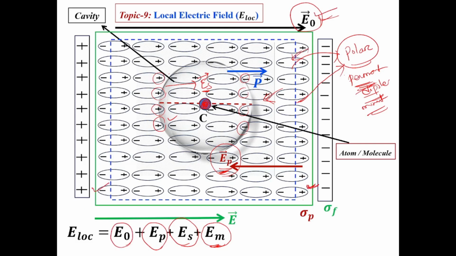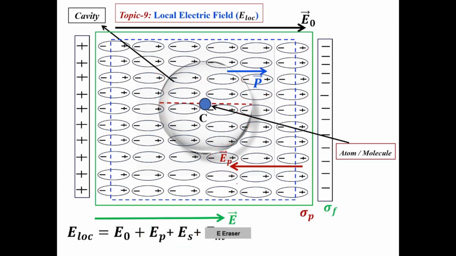So the atom or molecule at the center of this cavity is influenced by these four electric field intensities. E naught, the initial applied electric field. EP, the depolarization electric field induced due to polarization of the dielectric material. Es is the electric field due to the induced charge on the surface of the cavity.